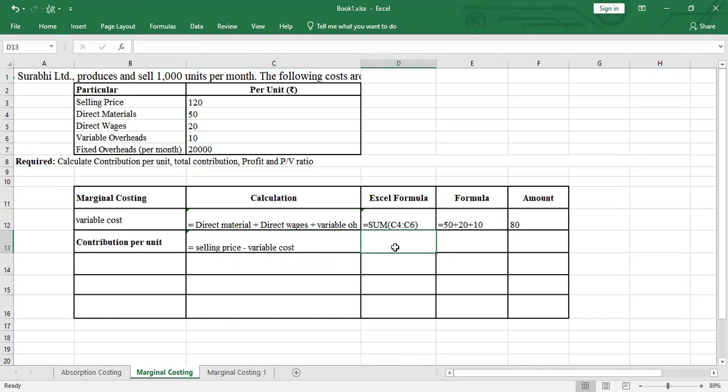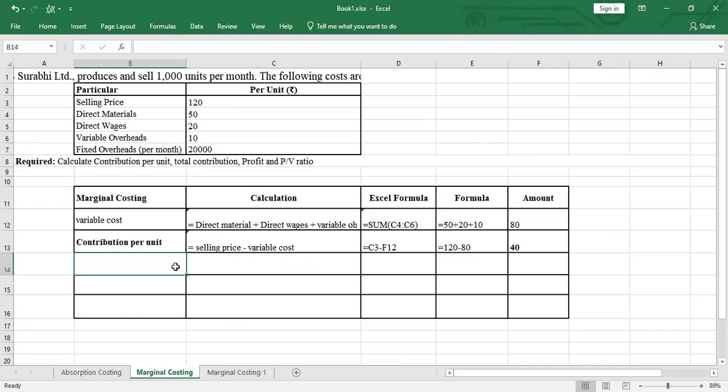Now, to ascertain that, what do we have to do? Selling price they have given, that is 120, minus 80 rupees, which we have ascertained. If we do that, we get 40 rupees as your contribution per unit.